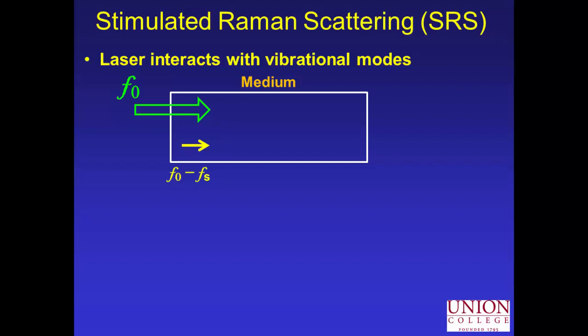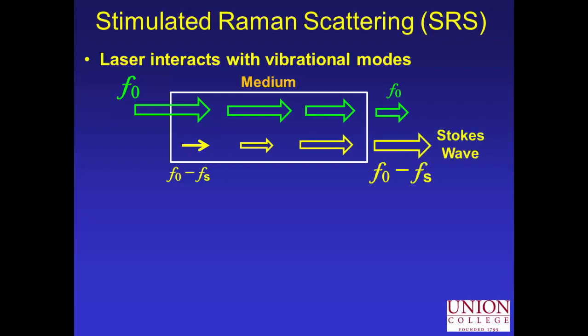As these two optical waves co-propagate through the material, you get a gradual energy transfer. By the end, what's called a Stokes wave is greatly amplified. And this frequency shift in silica is around 13.2 terahertz.